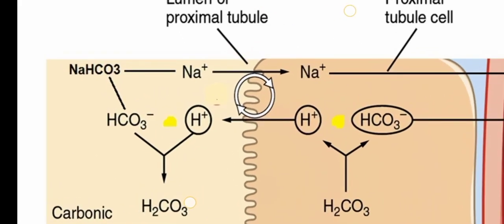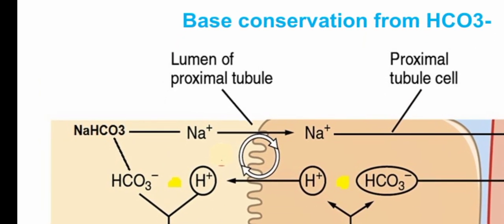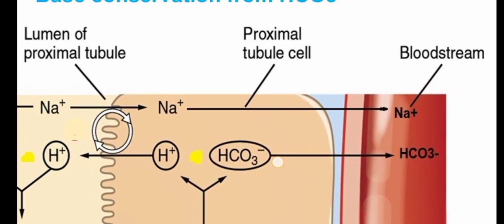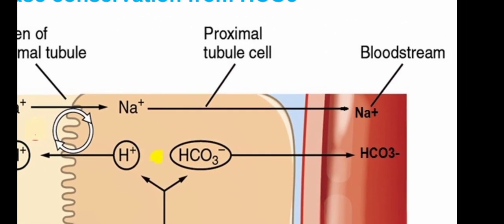Just look at this: H plus ion is transported from the tubular cell to the lumen, and Na plus is transported from the lumen to inside the tubular cell, and that Na plus along with the HCO3 minus is then transported into the blood, into the bloodstream. So that is the base conservation in the form of bicarbonate ions.